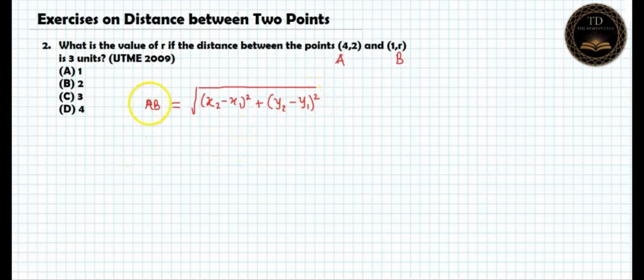Now remember, AB has been given. Okay, in this case, that's the distance between these 2 points, has been given already as 3 units.